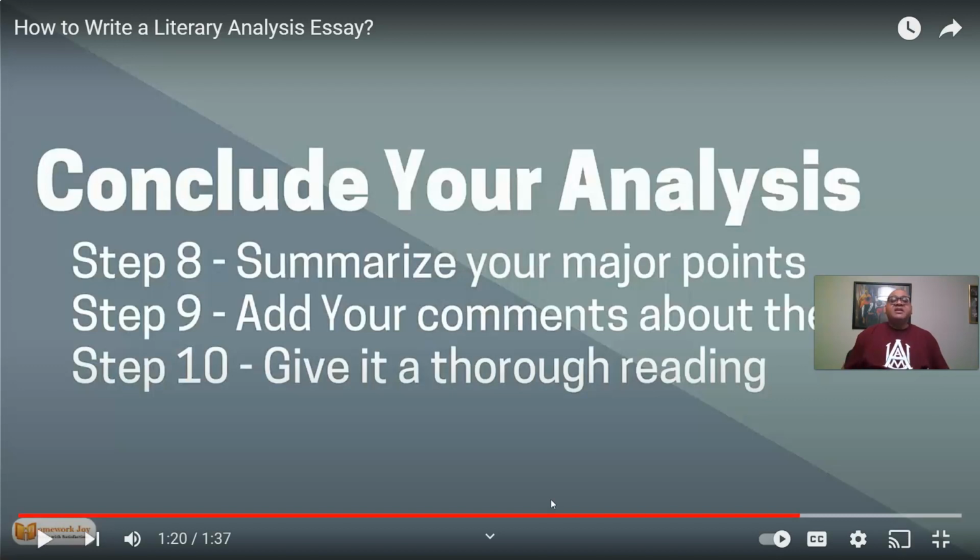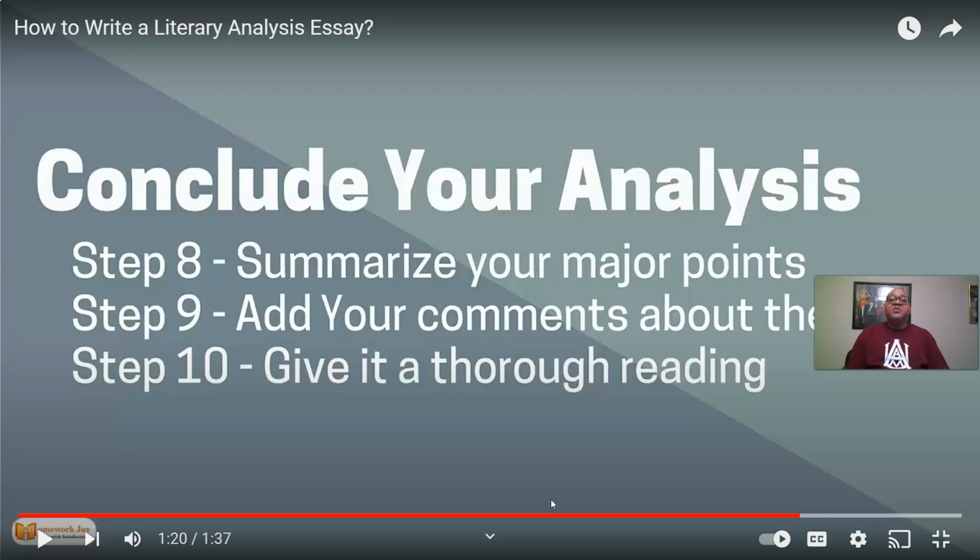Okay, so look at this. To conclude the literary analysis, all of you have written a conclusion before. All of you know that when you write a conclusion, you summarize the main points in the essay, but whatever you do, you will not add new information to the conclusion. Why do you not add new information to the conclusion?